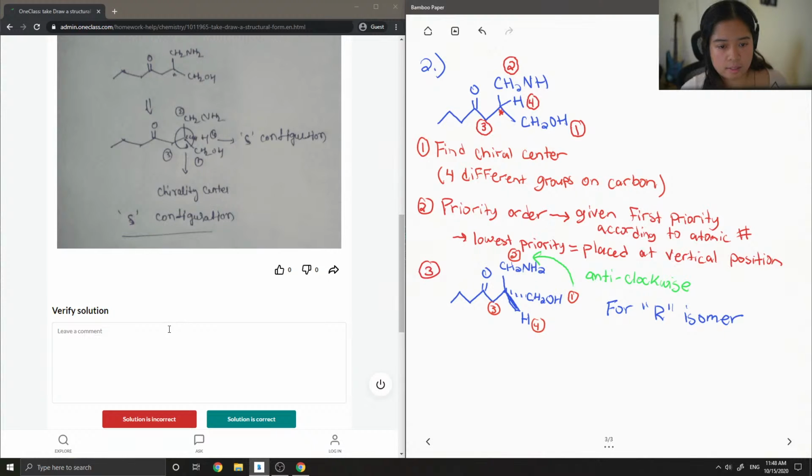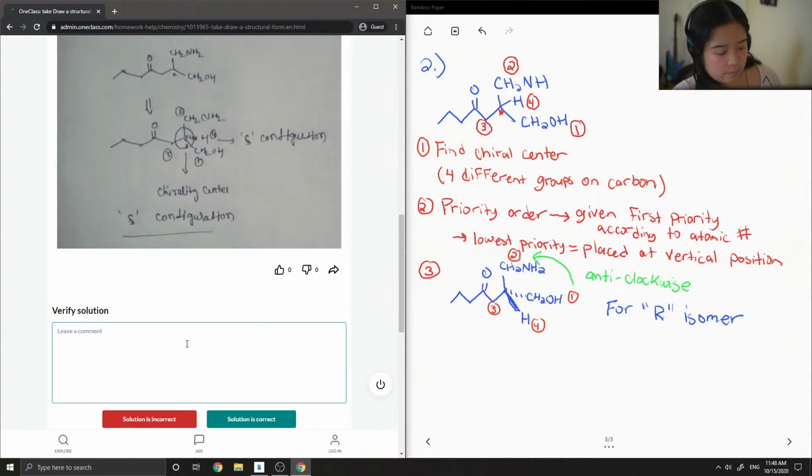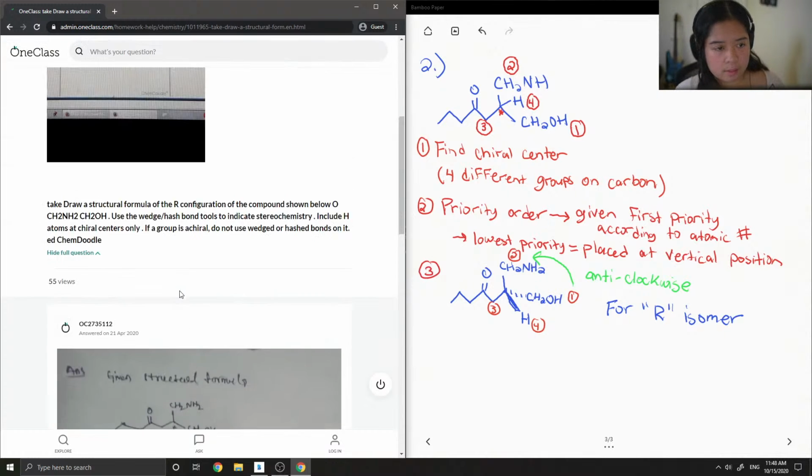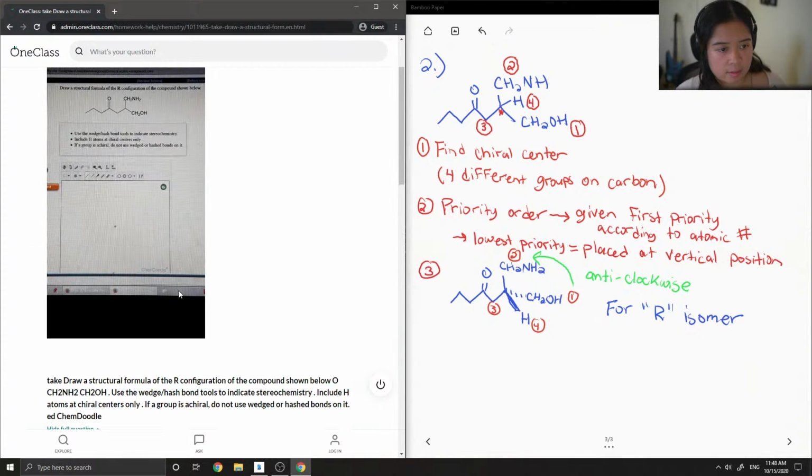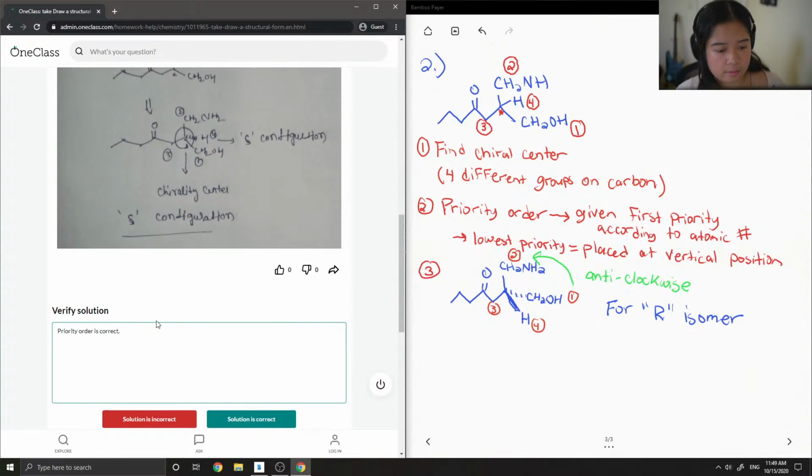So I'm just going to say that priority order is correct, that's like half right, since we need to draw our configuration.